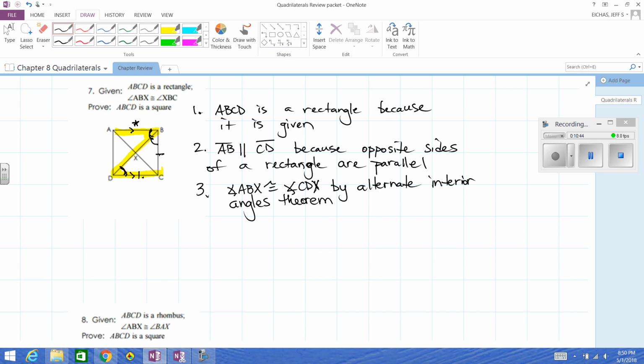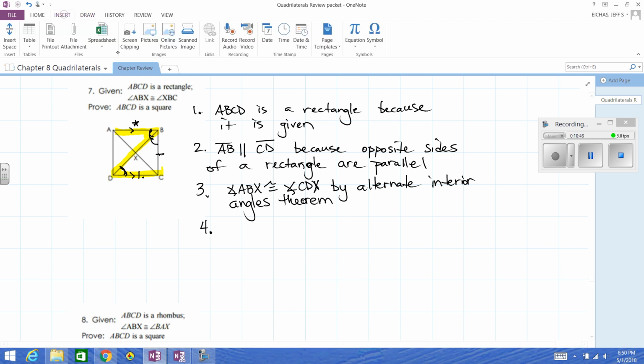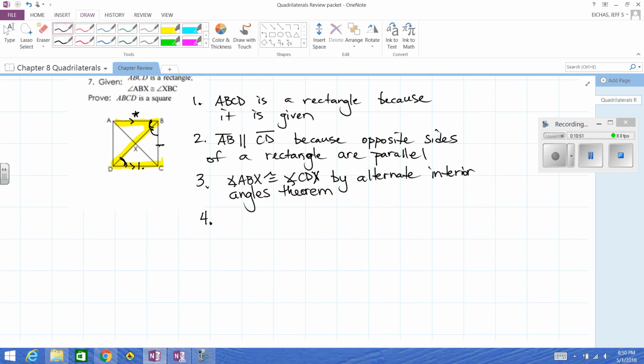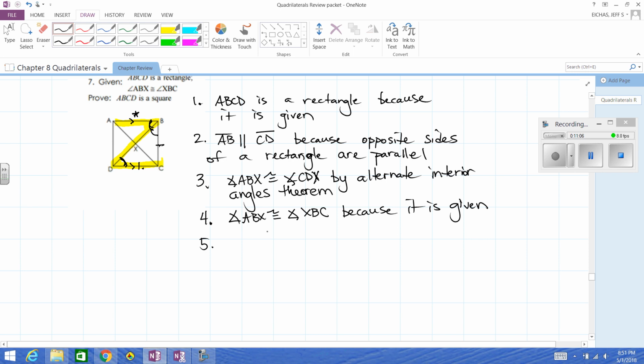All right. Now, it was given that angle ABX was congruent to angle XBC. And now we can use substitution to get angle CDX is congruent to angle XBC by substitution.